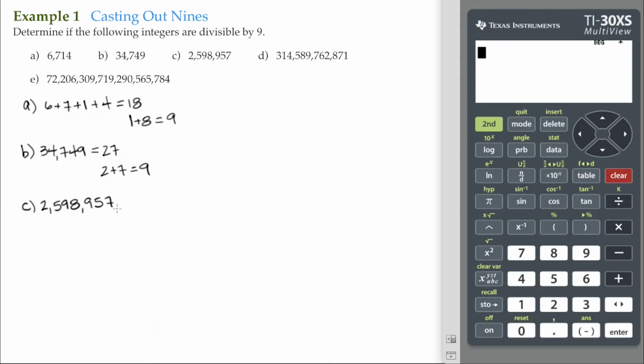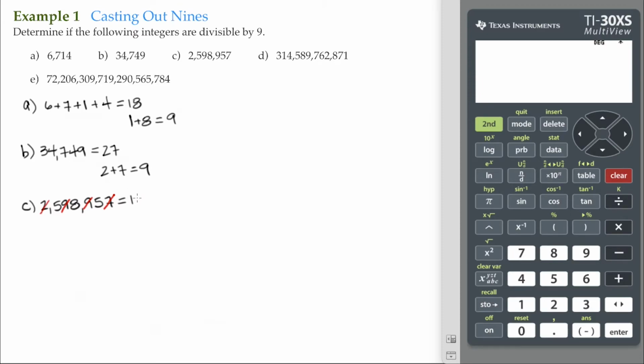So what we're going to do is cancel out some of these numbers, thus the term casting out nines. So I have a 9 here. We can get rid of that one. I have a 9 here. I have a 7 here and a 2 here. That sums to 9.